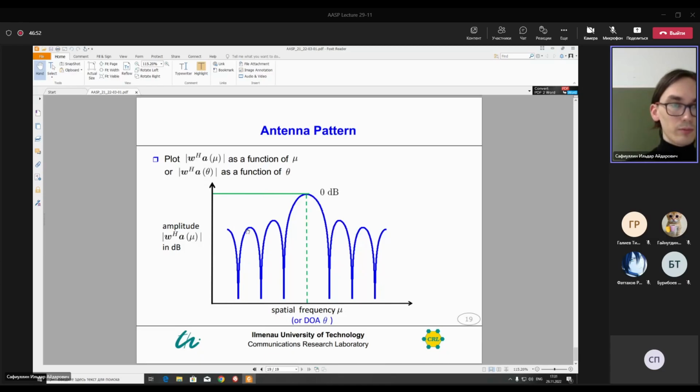And you can see that we will have something like this. So for some spatial frequency here, we have the peak value equal to 0 decibel, and here we will have side lobes with lower amplitudes. So this is the antenna pattern.